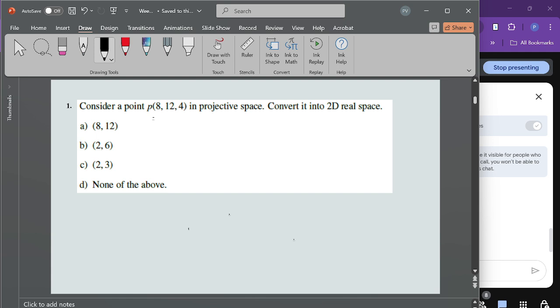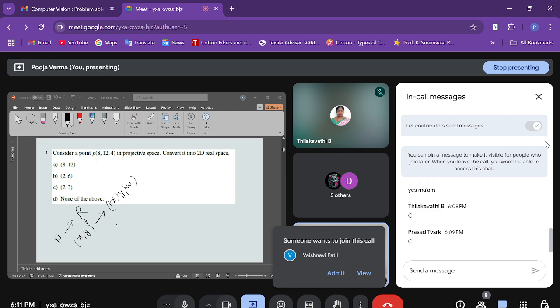If we want to convert from the projective space to the 2D real space, as we know, in the real space the points are given in the form x, y. If we convert it into the projective space, it takes the form with a third element and some scalar factor.